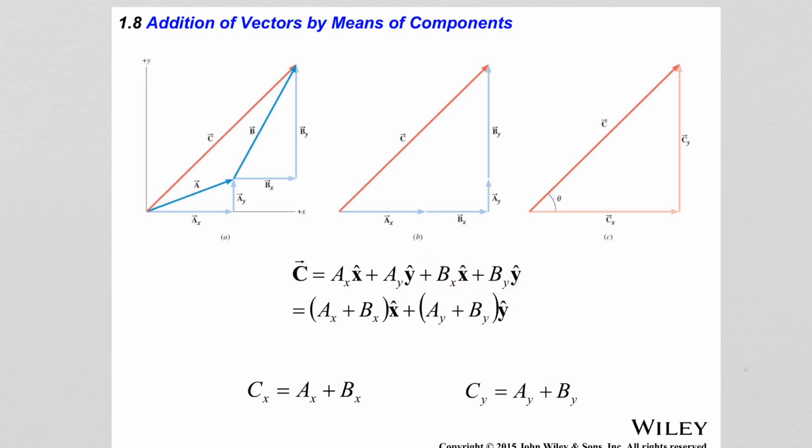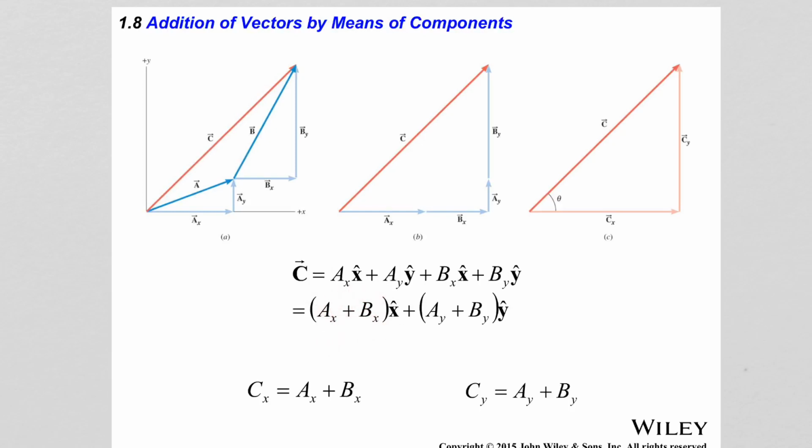Well, now I can group the terms so that the terms with the same unit vector are added together, and the terms with the other identical unit vector are added together. So that means AX x hat plus BX x hat are added together. And so x hat will factor out, and I just add the two scalar components of A and B in the x direction.